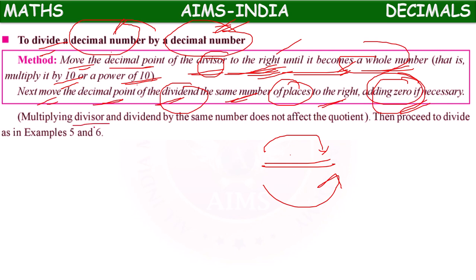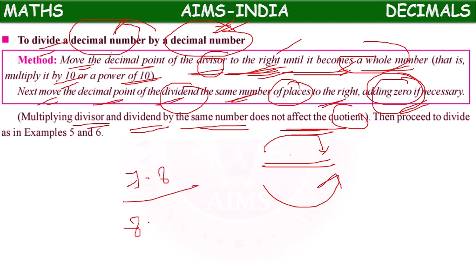Because multiplying the divisor and dividend by the same number does not affect the quotient. Suppose we have 7.8 by 8.65. Like this, we can multiply the numerator by 100 and the denominator by 100 to move the decimal point to the right.